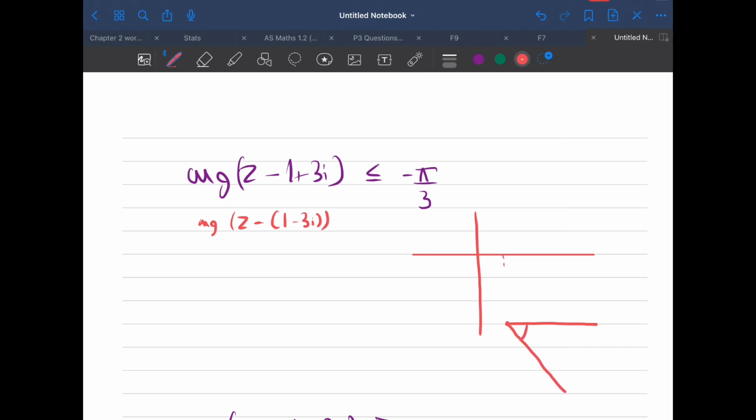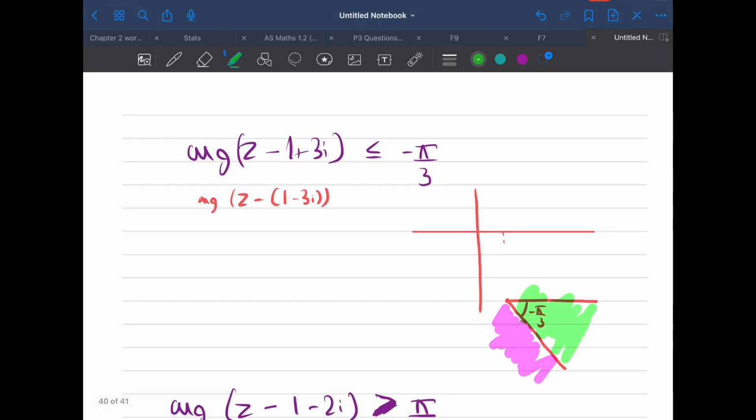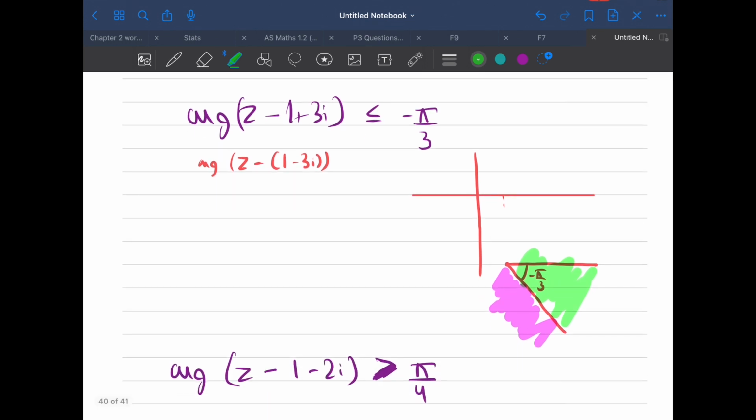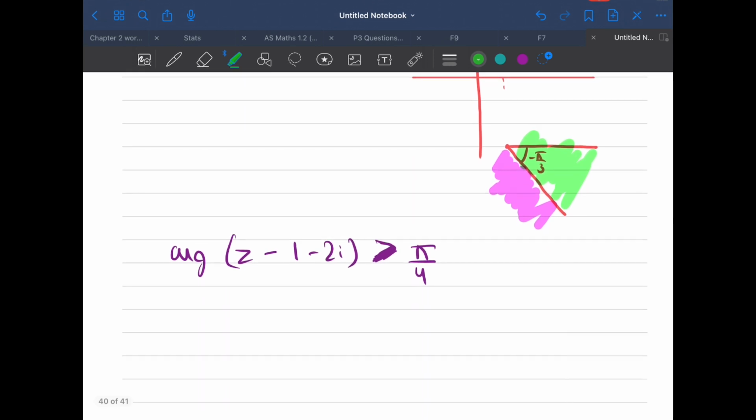So that's going to be here. Do you get this? Now it says less than or equal to, so where will the shading be? Below the line. Do you get this? If it were greater, it would be above the line. Do you get this? And the solid line is made because it was less than or equal to.